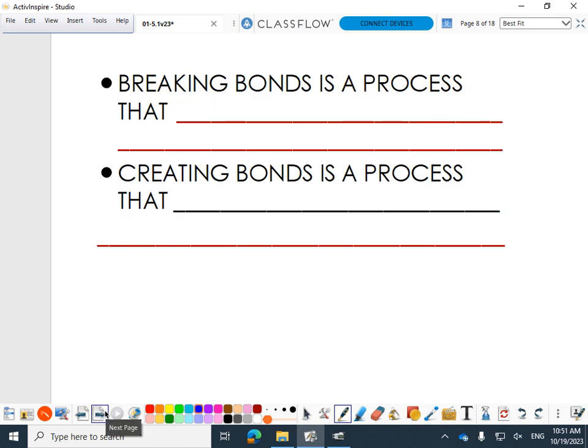Okay, so when we have a reaction, breaking bonds and creating bonds is always what happens. Breaking bonds requires energy, and creating bonds always releases energy.